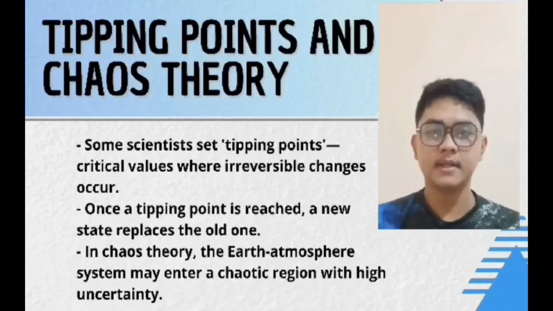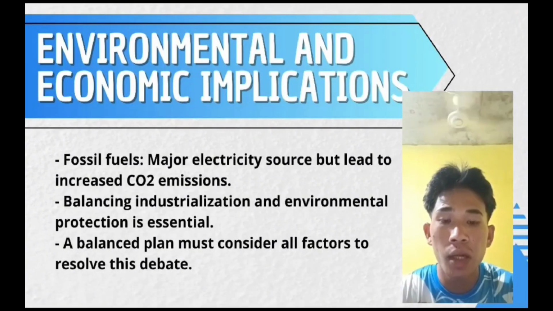As the Earth's climate system becomes more sensitive to changes, for example to rising CO2 levels, it might enter a chaotic region where predicting effects or specific outcomes becomes very difficult due to the complex interactions and uncertainty involved.